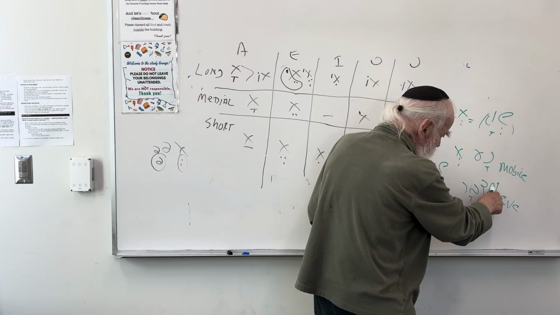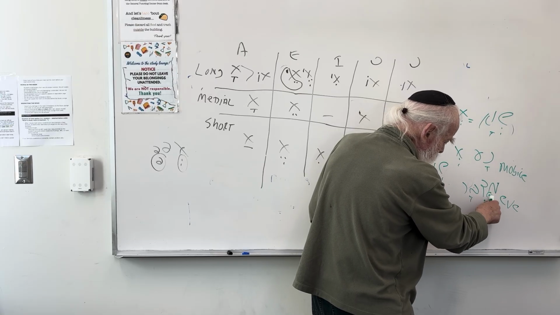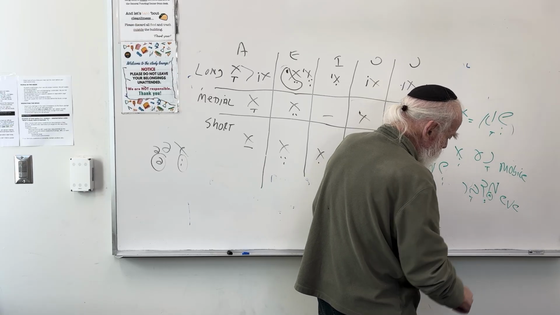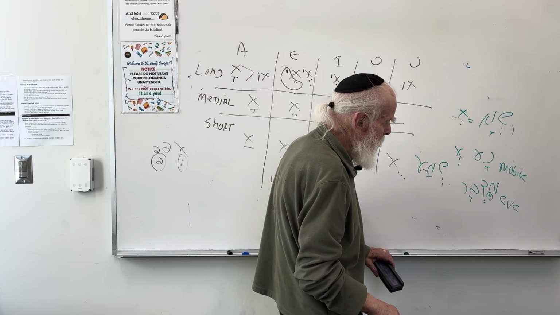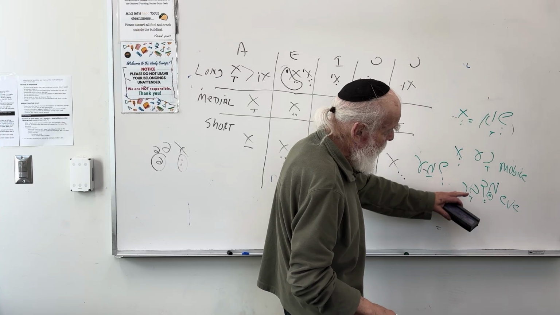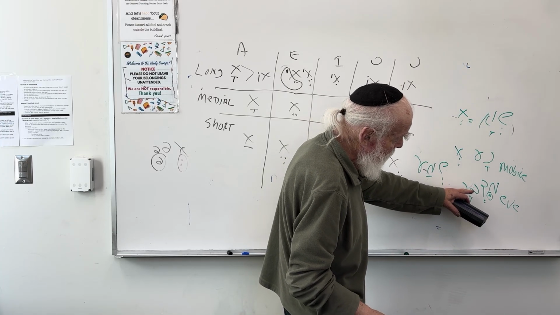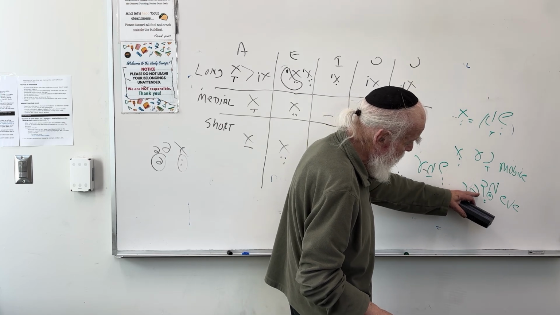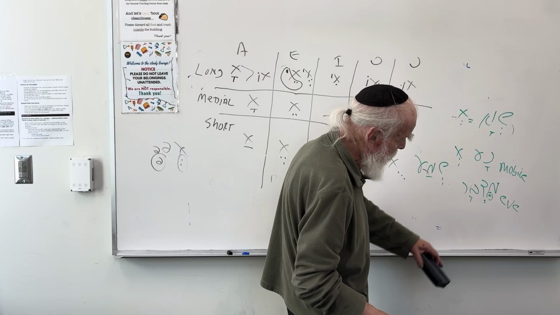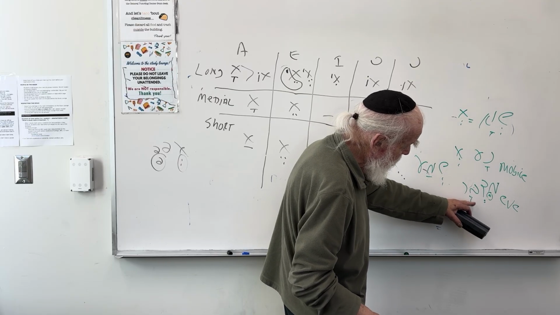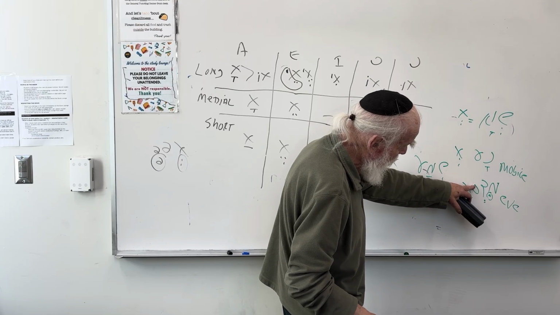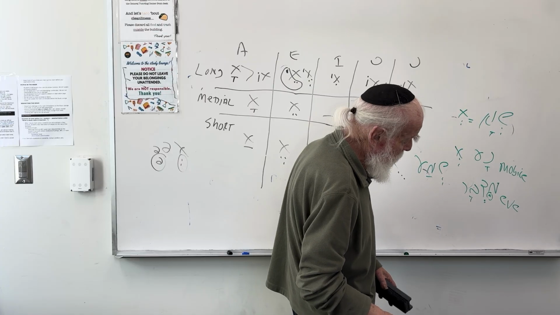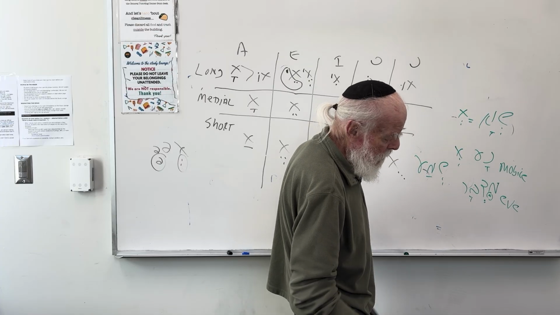This dalet is not following the mem, it's following the vowel underneath the letter. And that explains why that letter bet has a dot in it. That's the so-called light dot. A begadkefat letter following a consonant would be plosive, not spirant. If this were shva na, then the bet would be following a half vowel and it would be continuant, not plosive.